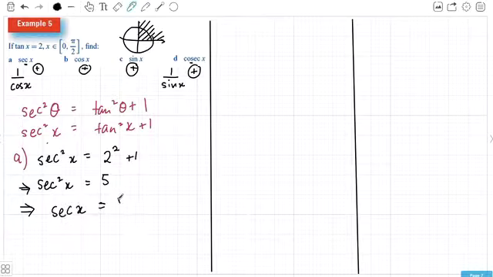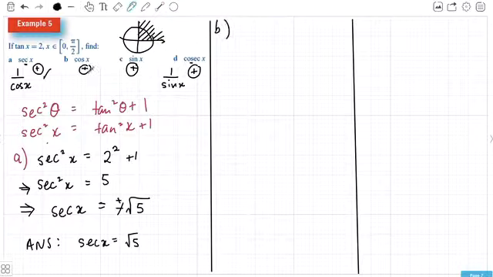Normally this would be plus or minus the square root of 5, but because we know that sec has to be positive, we don't need the negative branch. So our answer is sec x equals root 5. Nice.